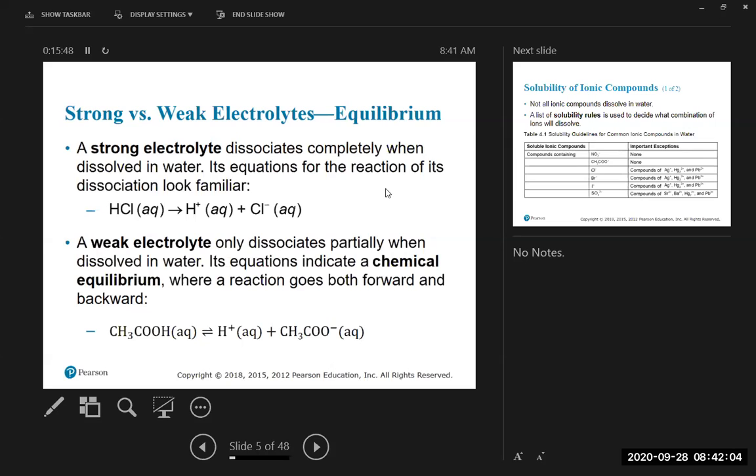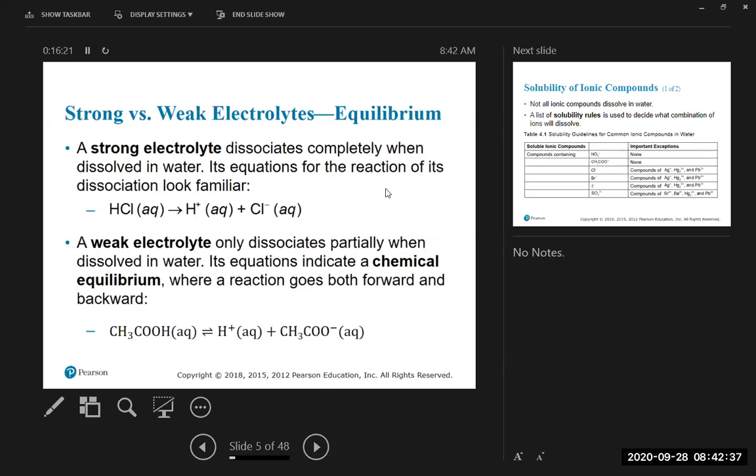The next one, we have acetic acid, CH3COOH, and this is a weak electrolyte. What weak electrolyte means is that when you put it in water, it dissociates a little bit, but not the whole way. So we see this reaction written with acetic acid on the left dissociating to hydrogen ions and acetate ions. But we notice that the arrow isn't just one way.